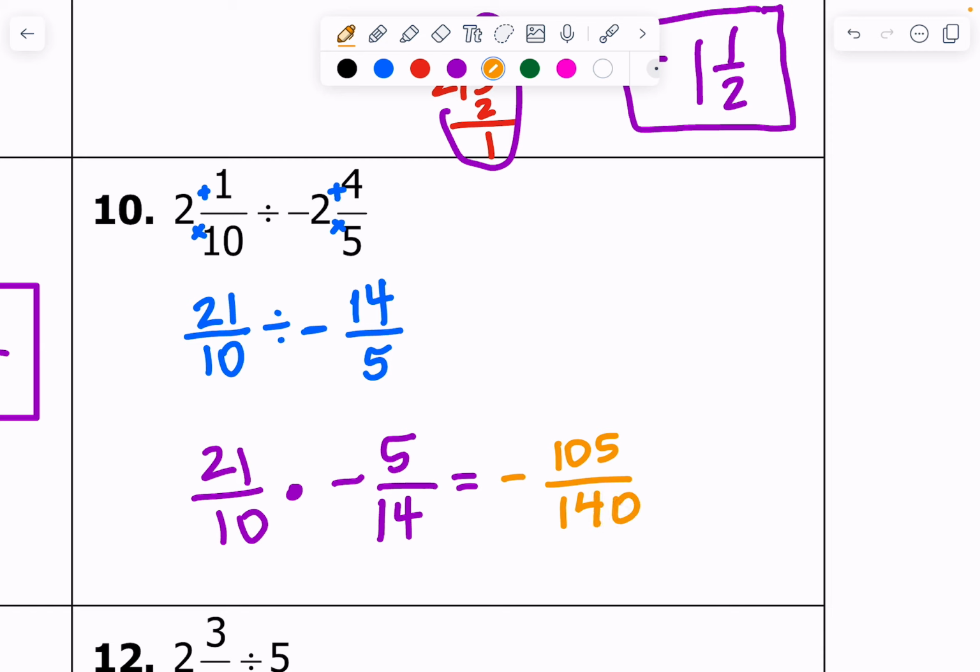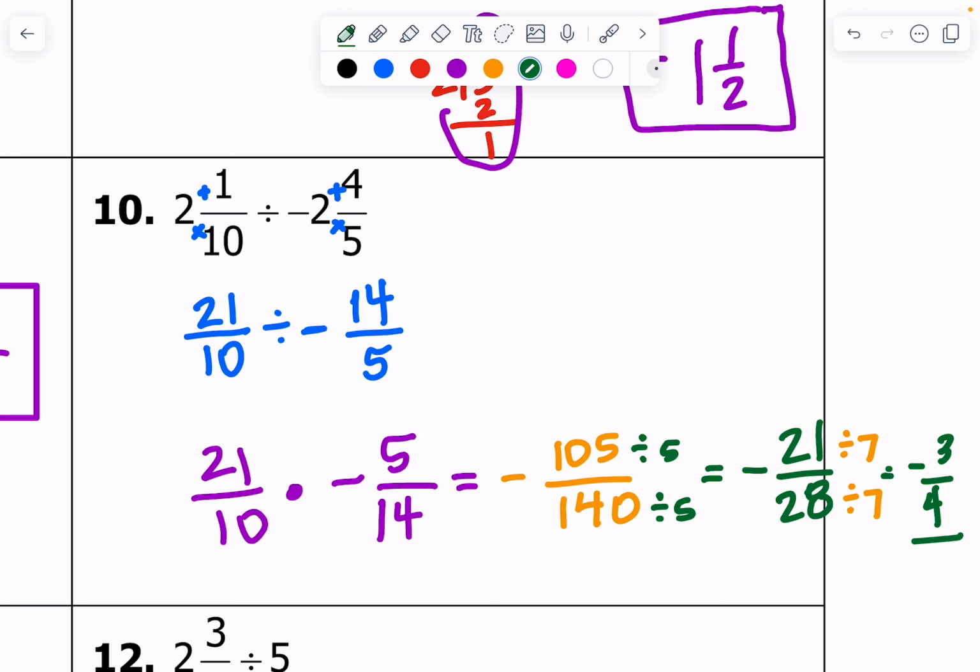All right, I think both of these numbers are divisible by 5, for sure. So I'm going to go ahead and divide by 5. And when we do that, we get negative 21 over 28. Ooh, man, I think we can keep going. I think these are both divisible by 7, don't you think? So now we get negative 3 over 4.